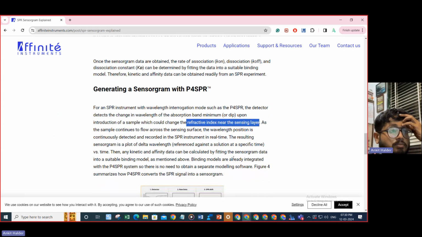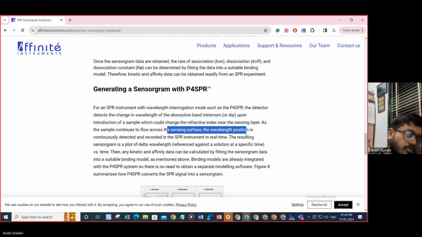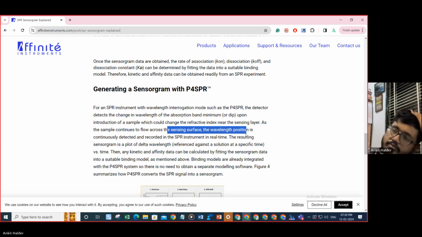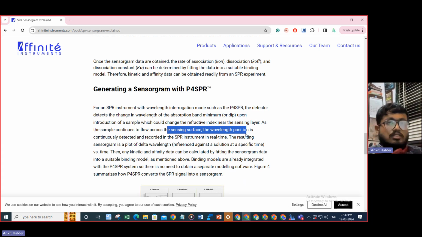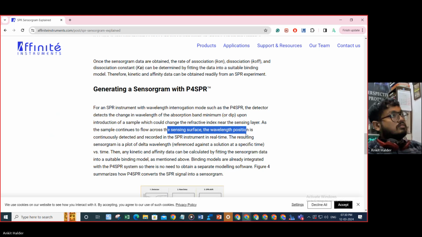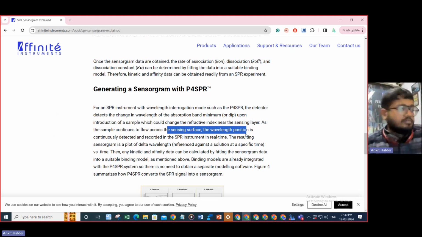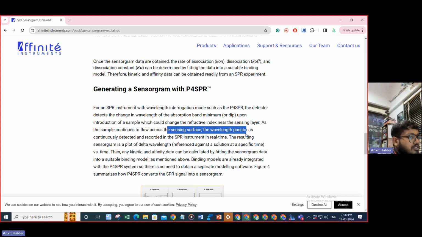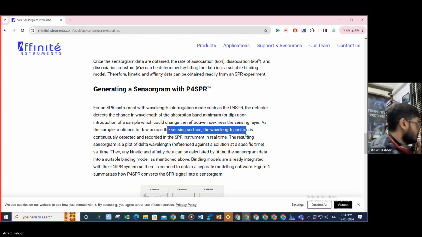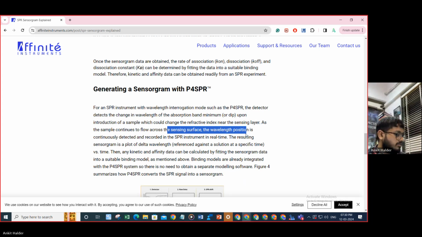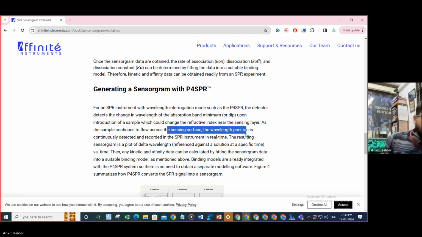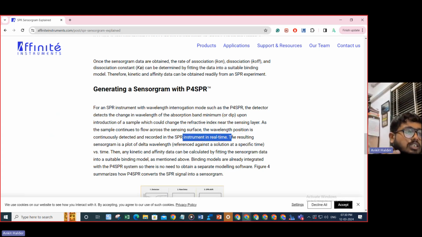As the sample continues to flow across the sensing surface, the wavelength position is continuously detected and recorded in the SPR instrument in real time.